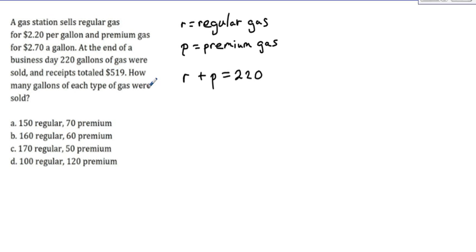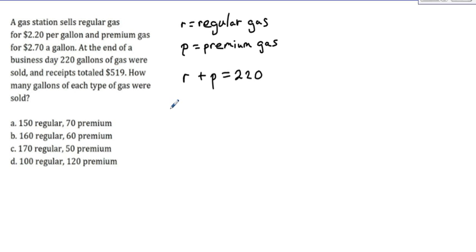Now, the next thing we're going to do is use the money. Regular gas costs $2.20 and premium gas costs $2.70. If we take the amount of gallons sold in total, then our total is $519.